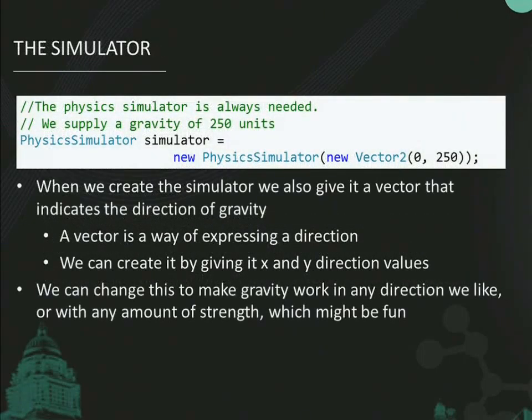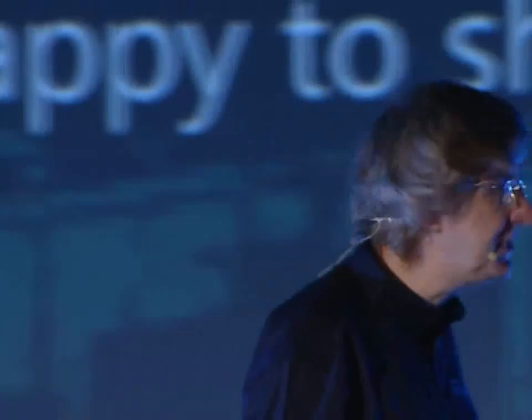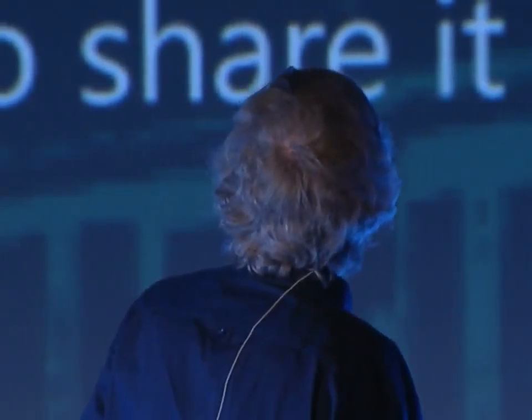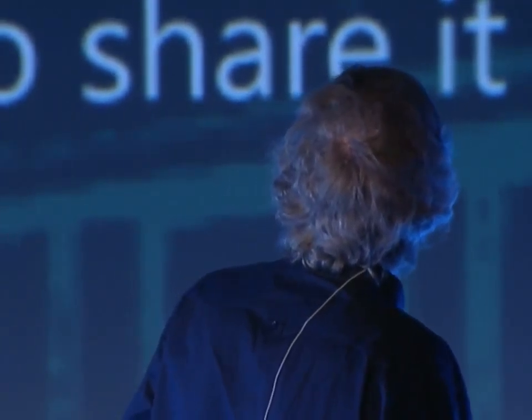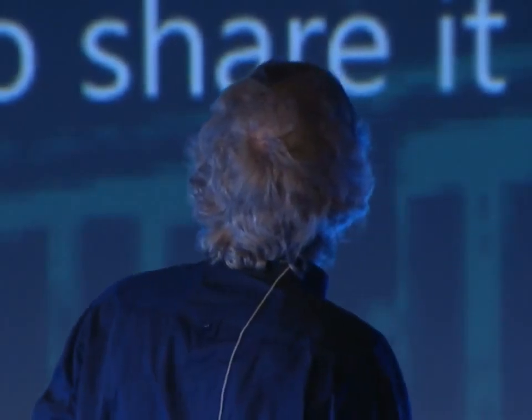There it is. The vector, a value of x and y, gives the direction of gravity. So this particular golf game is being played with no headwinds, no x value, and a gravity of 250, which is pulling things down. If you want to play a round of your golf game underwater, where stuff goes up, or on the moon, just change that value there.